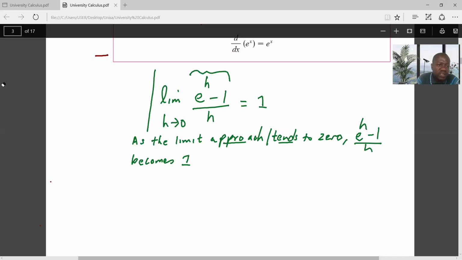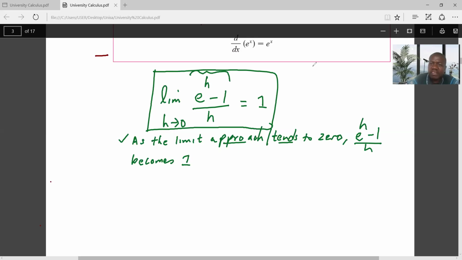So the question is, are we actually sure that it's true? So now I want to prove this using a program to actually demonstrate this practically, just using different values of h.